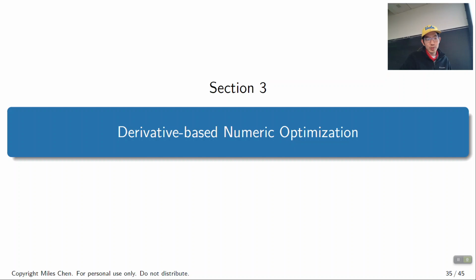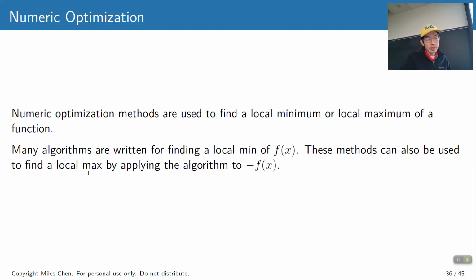Okay, so if we have a way to find derivatives, whether we can find derivatives analytically using calculus or just approximate derivatives using our numeric method for approximating derivatives, we can now start to do some numeric optimization, okay?